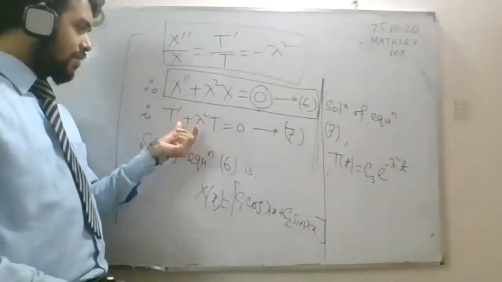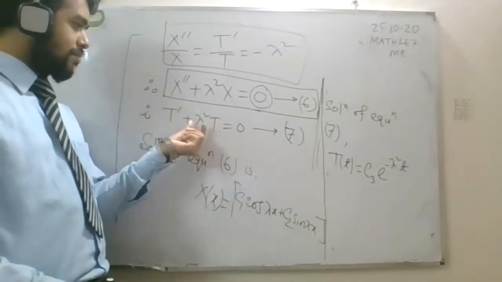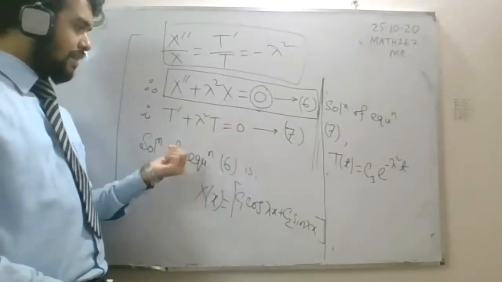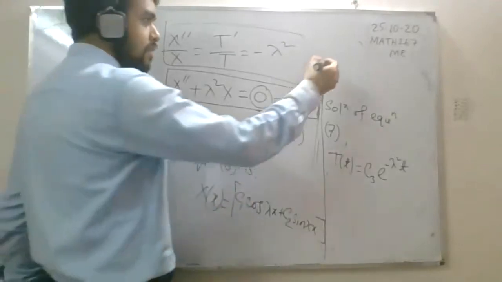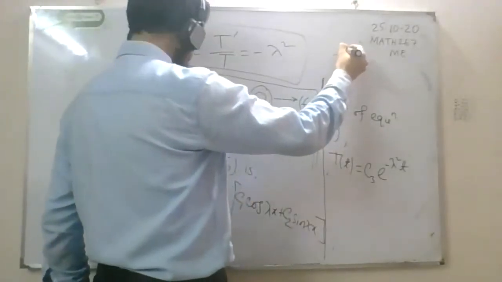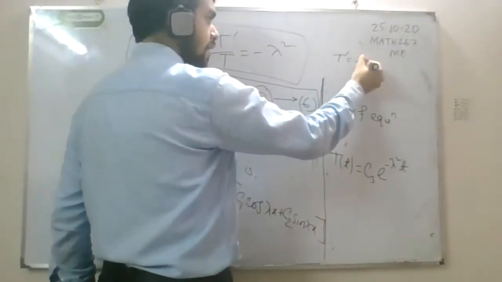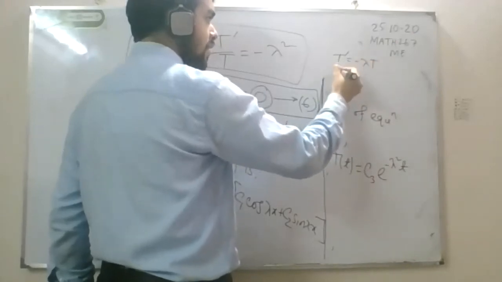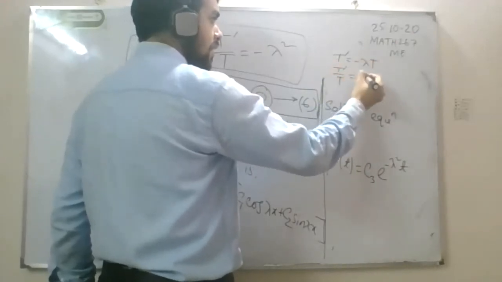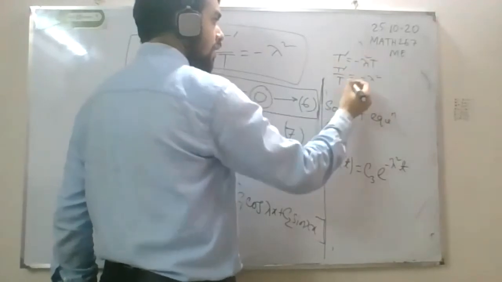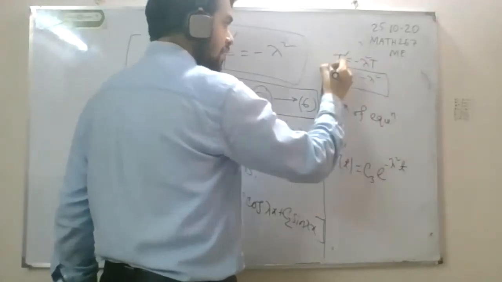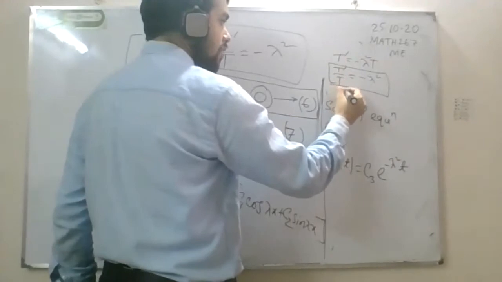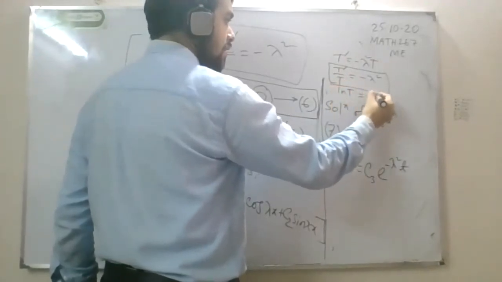In a similar way, if I write T prime equals minus lambda square T, and divide by T, then T prime by T equals minus lambda square, and just integrating these things, you can get ln T equals minus lambda square t.